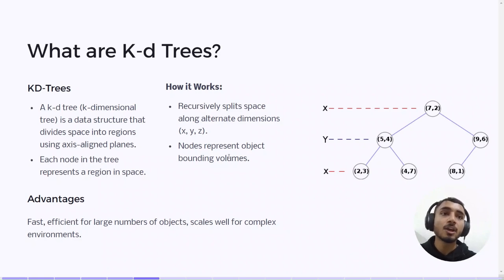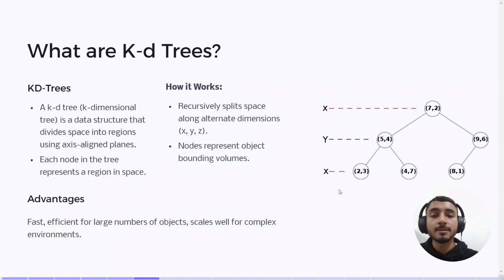Imagine you are in a huge 3D world with lots of objects. A KD tree divides the space into small regions using axis-aligned planes. Think of it like slicing space around the x, y, and z axes.